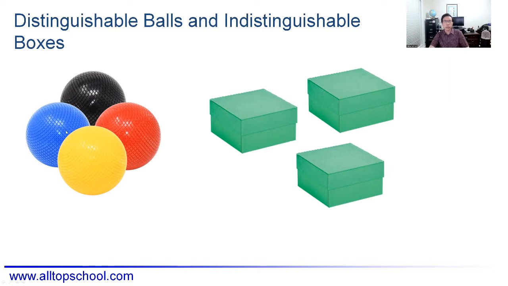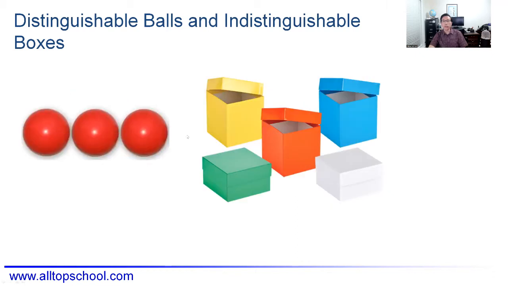If I put a blue ball and a yellow ball, 2 balls, in one of the boxes, that will be the same thing. Either you put these 2 balls into the first one or the second one or the third one, that will be the same thing. So the boxes are indistinguishable. They cannot be identified as different boxes. So this is type 2.